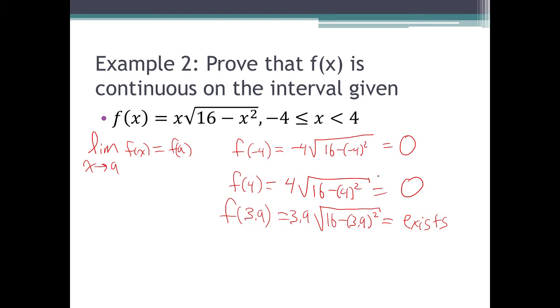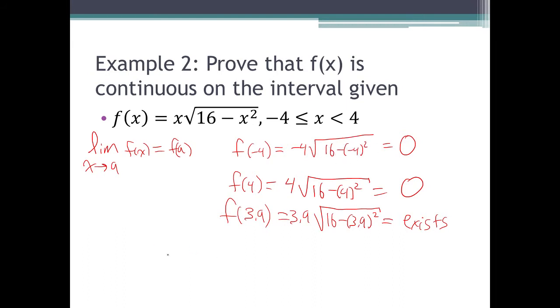Same thing can be said of negative 4. Any number greater than negative 4, like negative 3.99, negative 3.98, will always be smaller than 16 when I square it. So this one will always exist.